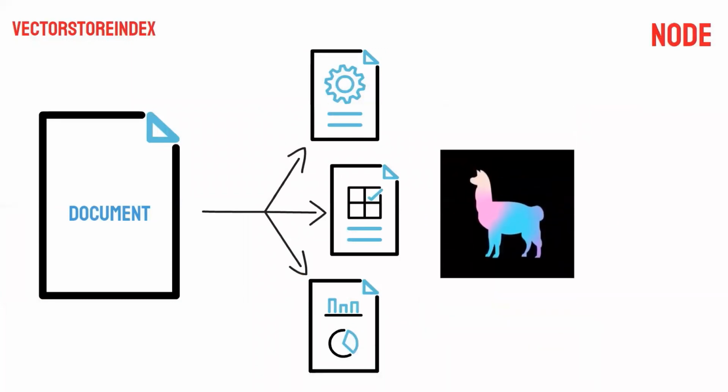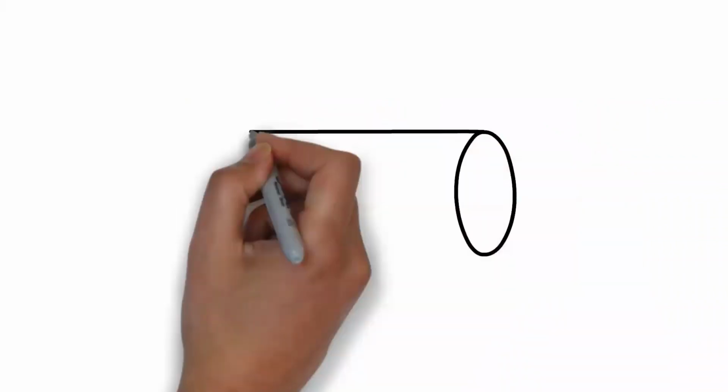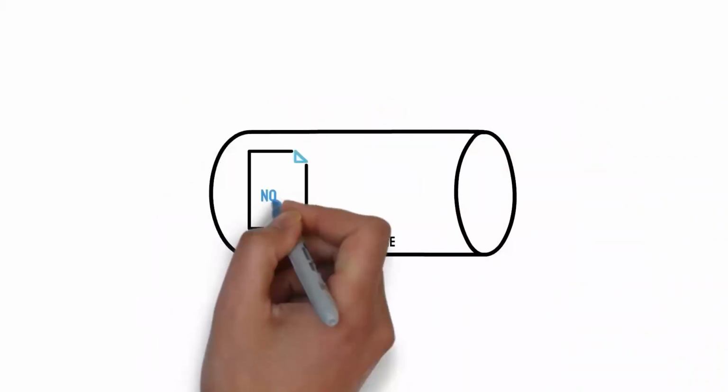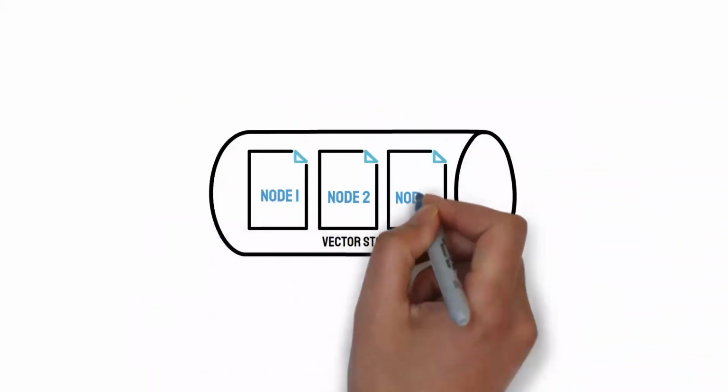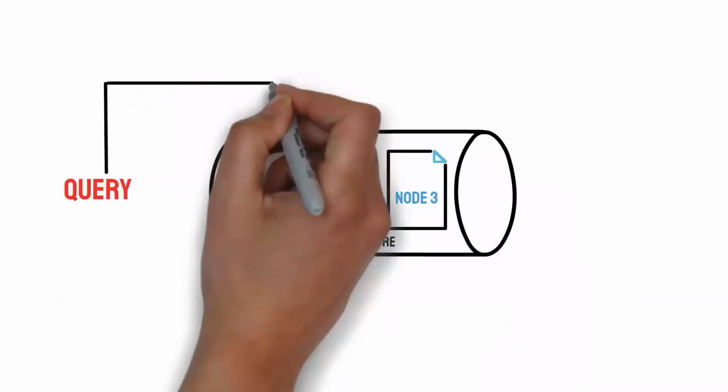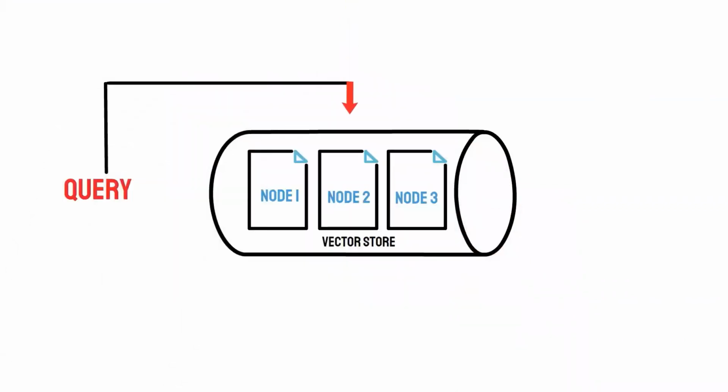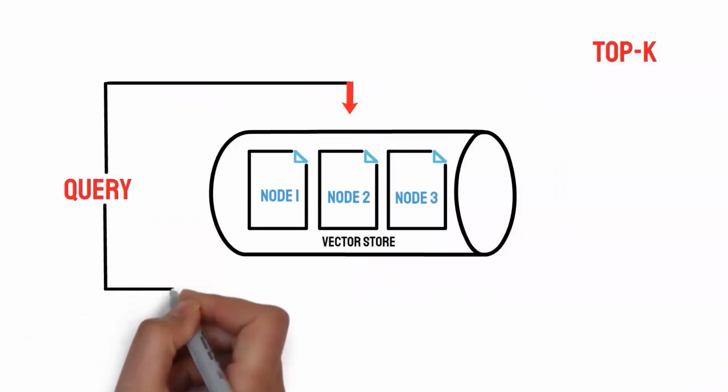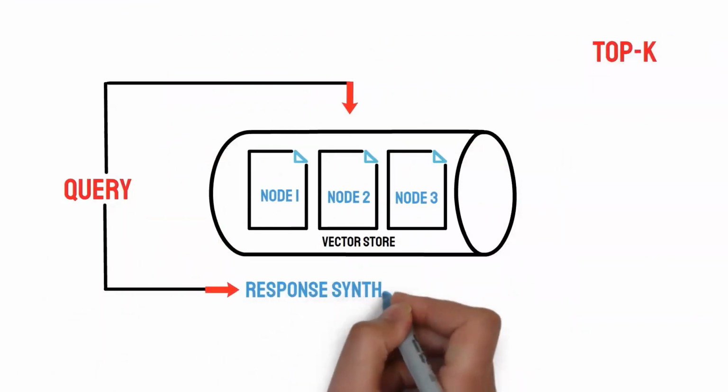So LlamaIndex takes in document objects and internally parses or chunks them into node objects. And then the VectorStoreIndex stores each node and a corresponding embedding in a vector store. And during querying, a VectorStoreIndex involves fetching the top k similar nodes and passing those into the response-synthesis module.